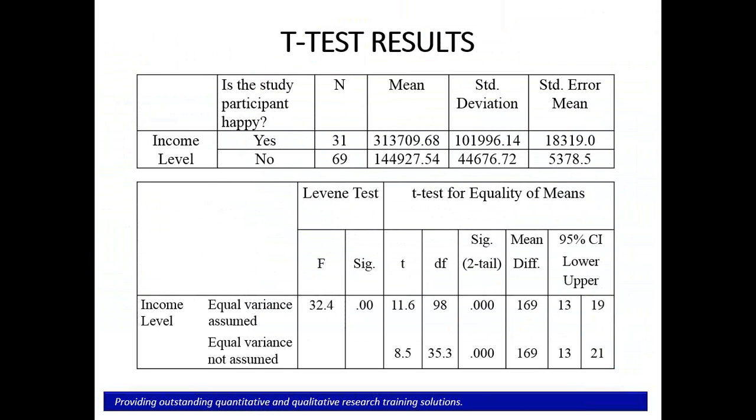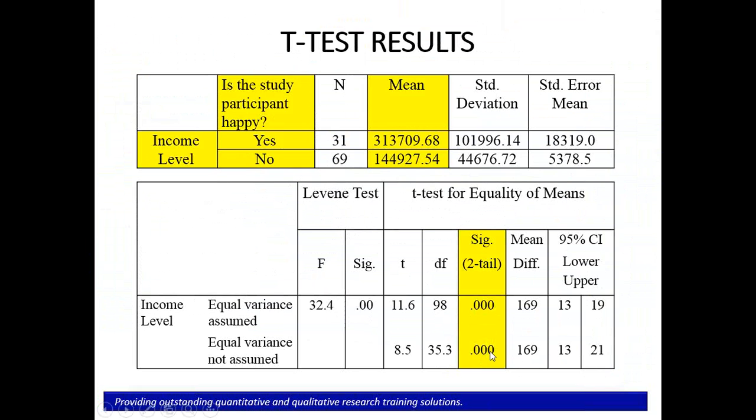Now, which numbers do we pay attention to? Here we go. Recall, first, when we look at the significance in the middle column in the second box, note the Levene's test is statistically significant, less than 0.05. Therefore, we use the values in the second lower row rather than the top. Now, they're both statistically significant, but that doesn't always happen.